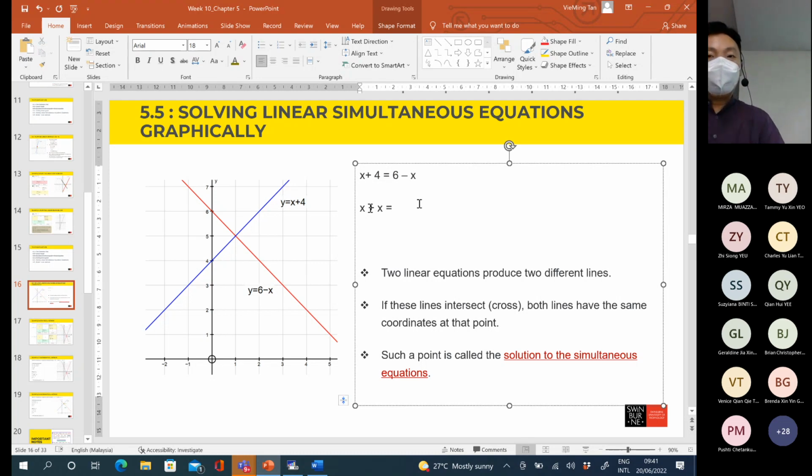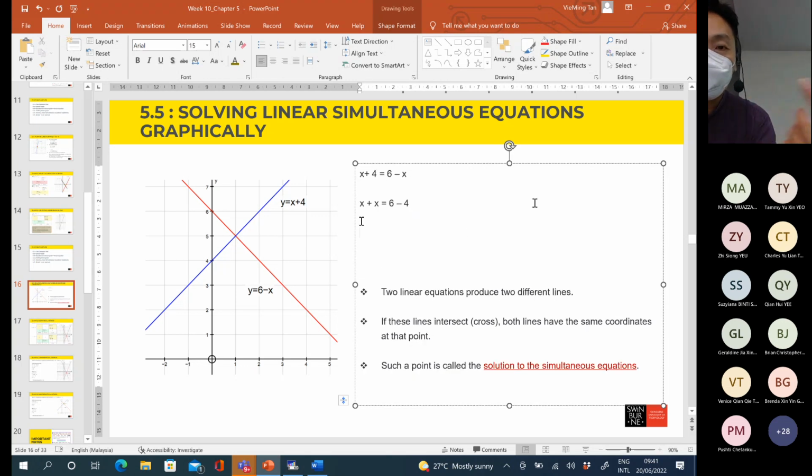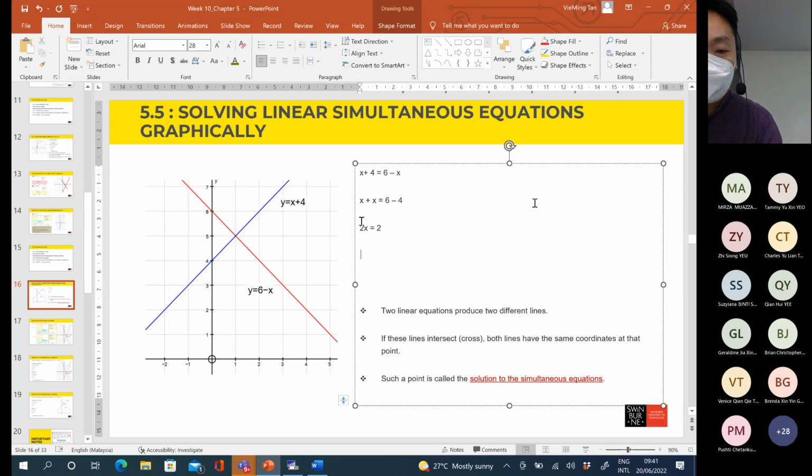On the right-hand side, we have 6 originally. Now we move this 4 to the right and it becomes minus 4. Now I simplify this. So 2x is equal to positive 2. So x is 1.